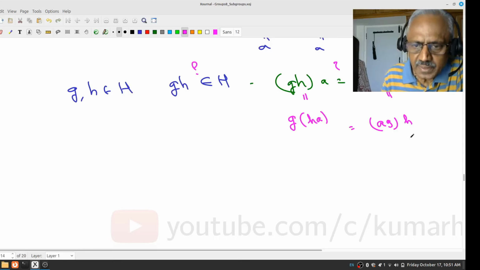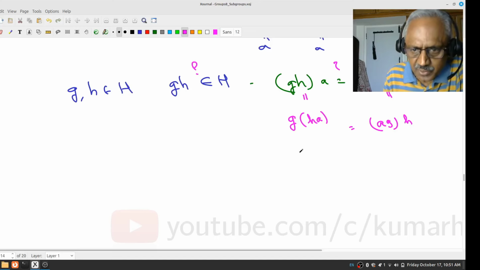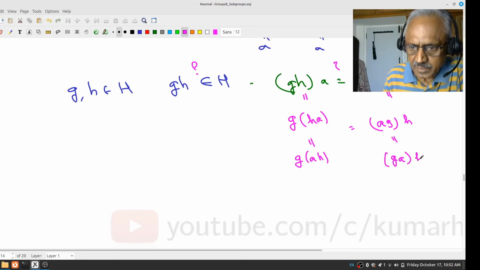Is it okay? Right. Now little h belongs to H, therefore hA is the same as A times h. And this fellow similarly is the same as g times A times h.